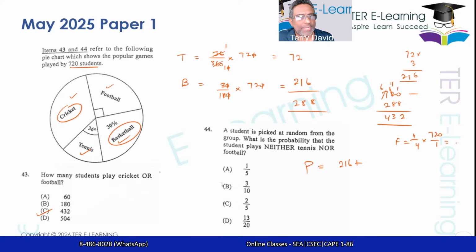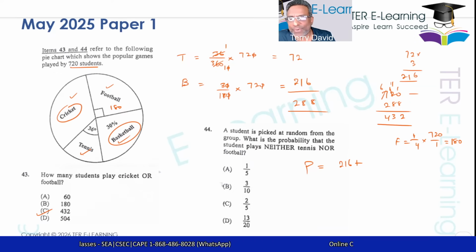So that would have been 180. Right? So the football was 180. So this is 180 here. Right? So you want to work out neither tennis nor basketball, right?